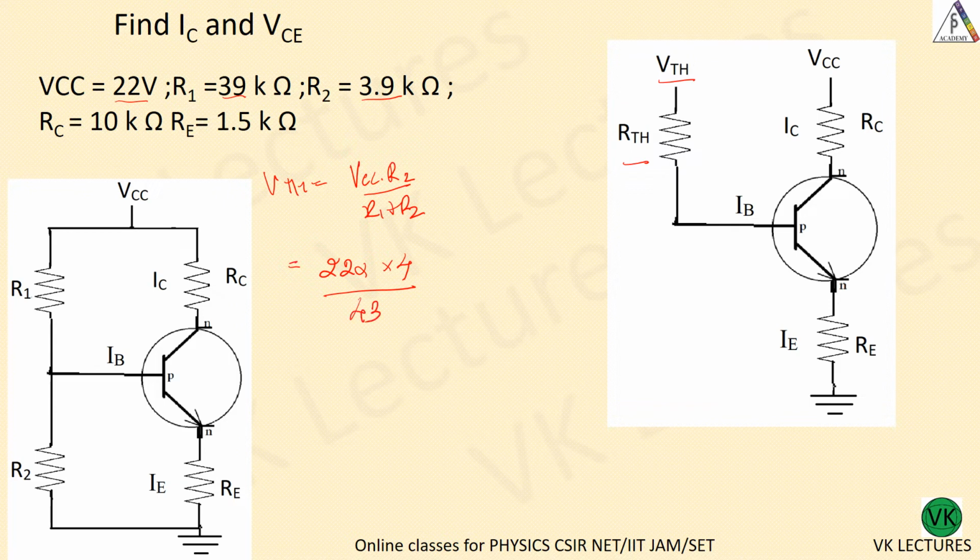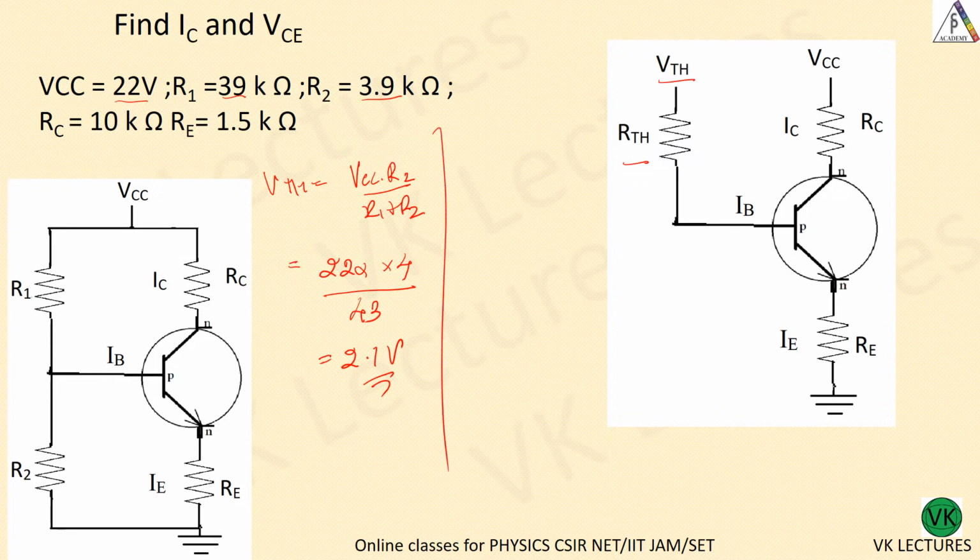So VTH is around 2.1, 1 by 11. This means it is around 2.1 volt or 2 volt, you can take, no problem.